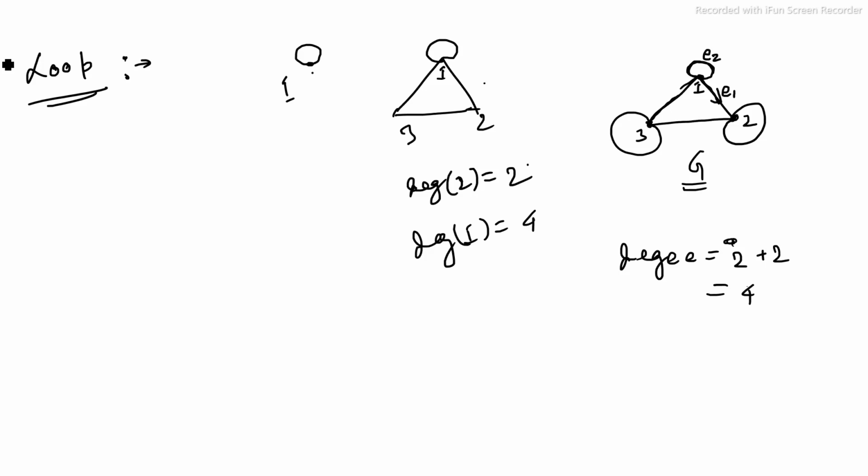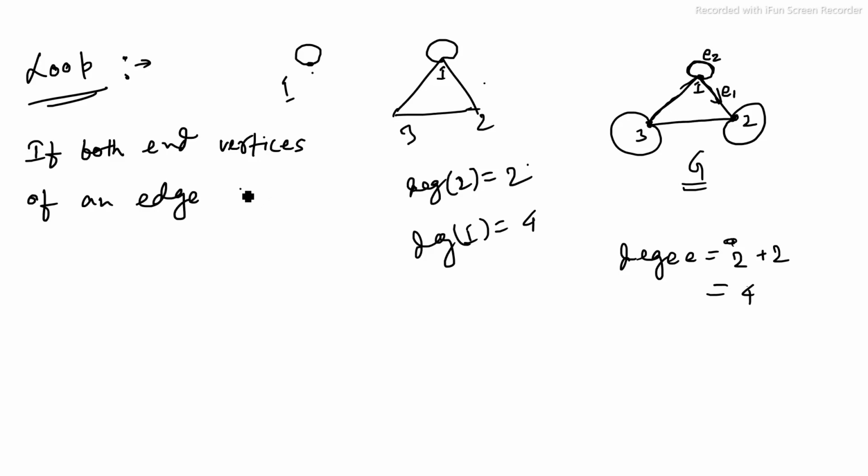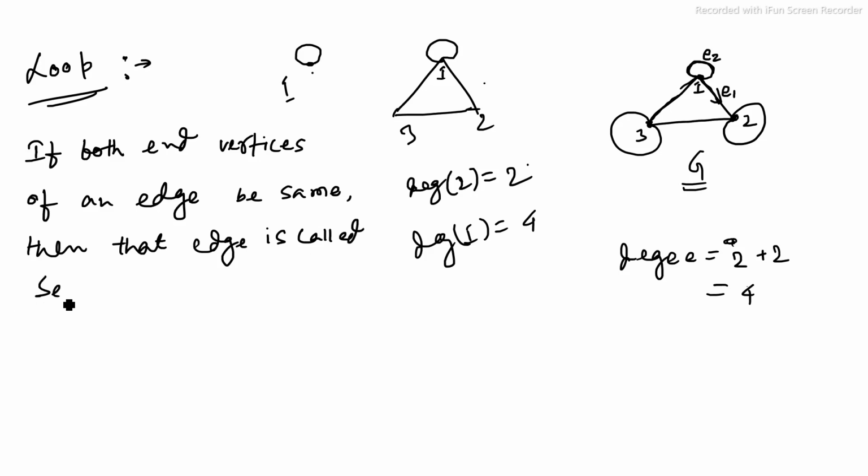So what is the definition of a loop? If both end vertices of an edge are the same, then that edge is called a self loop or loop.